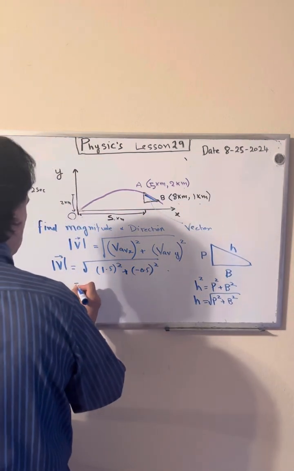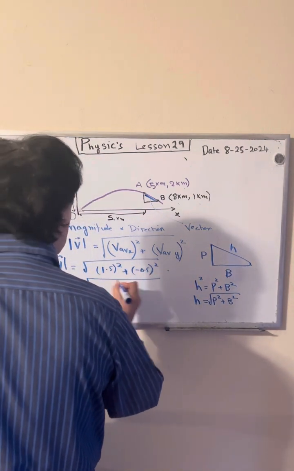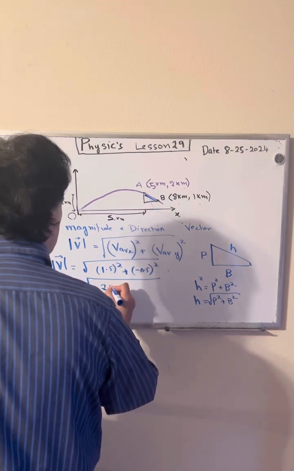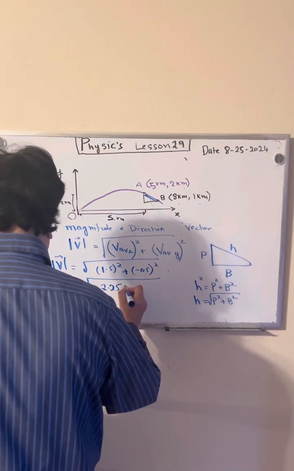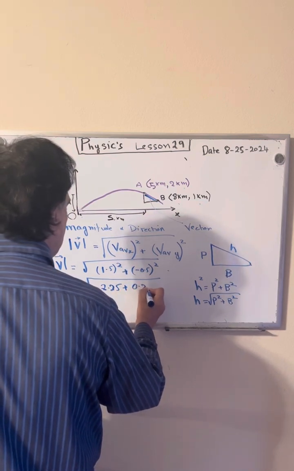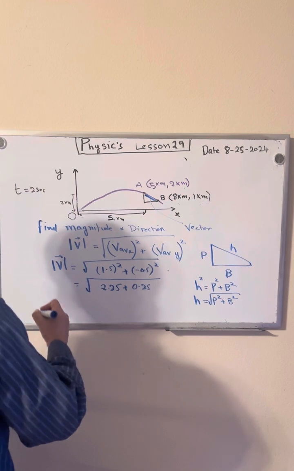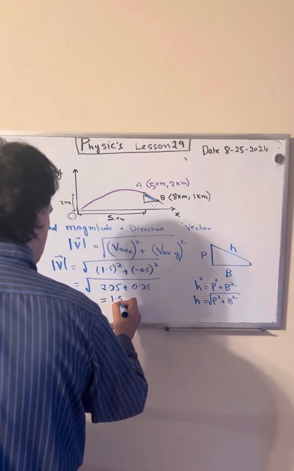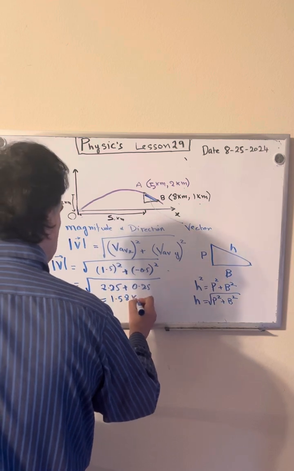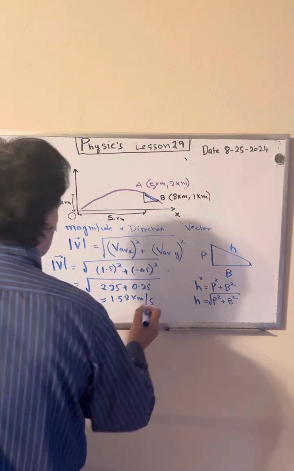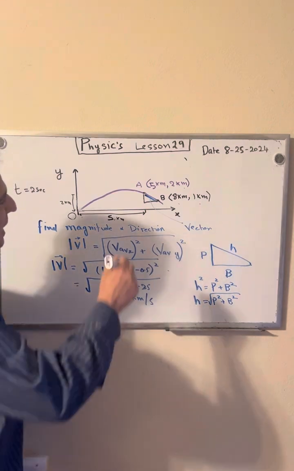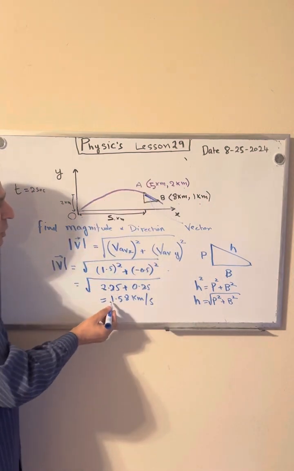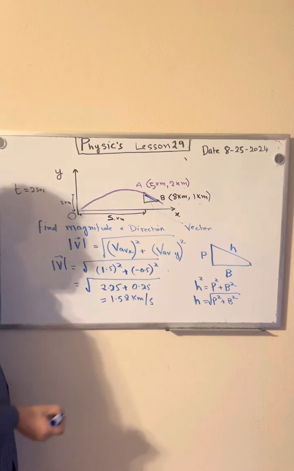If you solve this further, this becomes 2.25 plus 0.25, and if you solve this, the answer is 1.58 kilometers per second. So basically what I'm saying is that the ball from point A to point B has an average velocity of 1.5 kilometers per second.